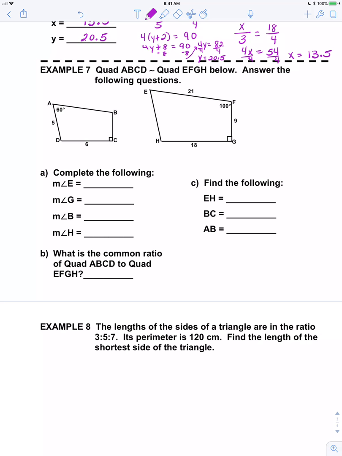Okay, so we can complete the following. I think we should be able to do this. So angle E, if ABCD is similar to EFGH, angle E has to be congruent to the measure of angle, oh, I guess it actually wants us to find them.